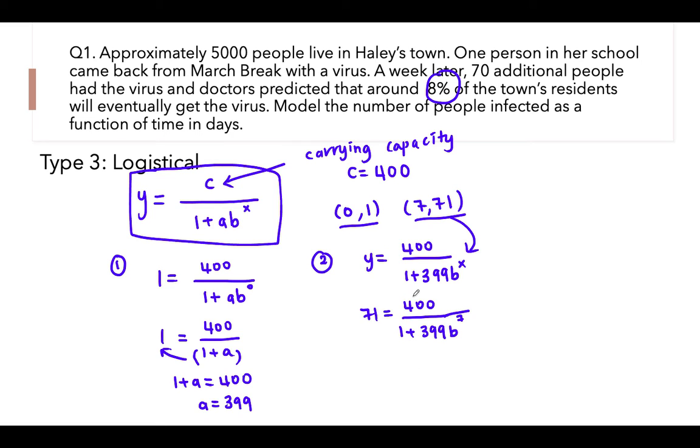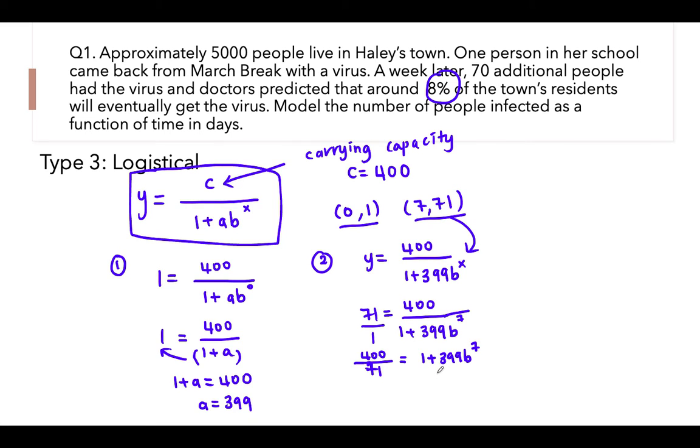So therefore, I'm going to cross multiply. So 400 over 71 equals 1 plus 399b^7.